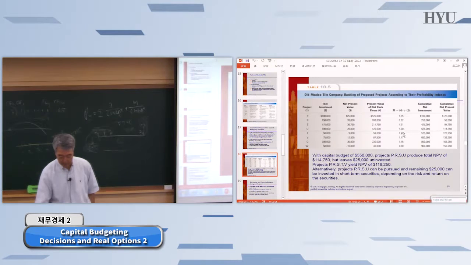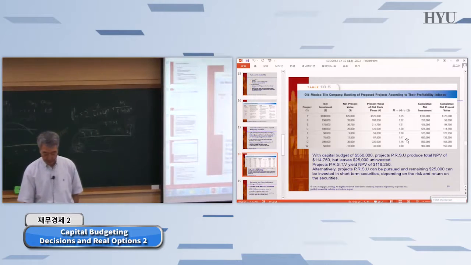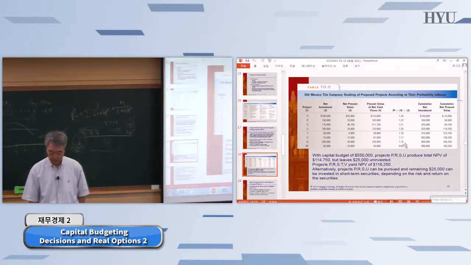Apparently these projects are sorted based on profitability index. And of course the last one, W, is out of question because its net present value is negative, which means profitability index is less than 1. So that's thrown out immediately.